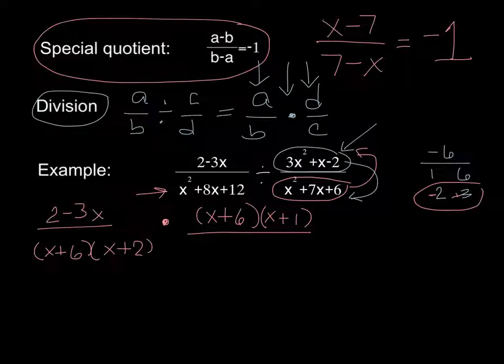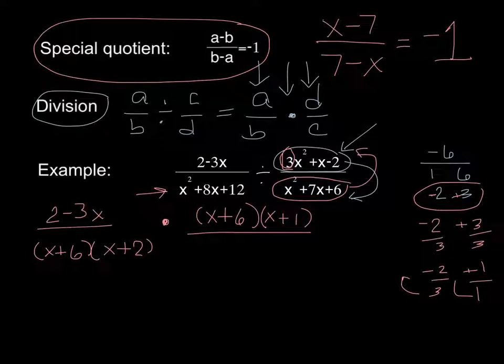And if you've watched one of my other videos, what we're going to do here is the voodoo method. I'm going to divide each one of these by the lead coefficient, 3 right here. And I'm going to reduce each of these fractions, negative 2/3 and positive 1 over 1. And I'm going to bring those denominators up, giving me my factors, 3x minus 2 and x plus 1.